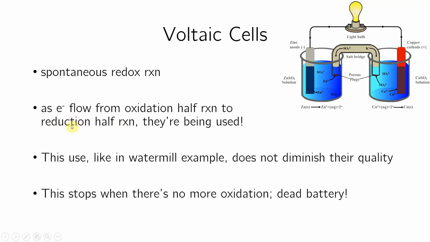Remember, LEO says GER: gain of electrons is reduction, meaning electrons are coming this way to the reduction side and being gained. Loss of electrons is oxidation. Oxidation takes place here, losing electrons and going to where they want to be taken in. Once the oxidation stops, meaning I used up my entire zinc in this particular example, I have a dead battery.